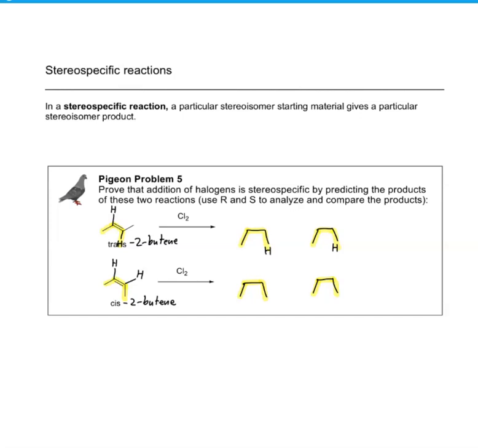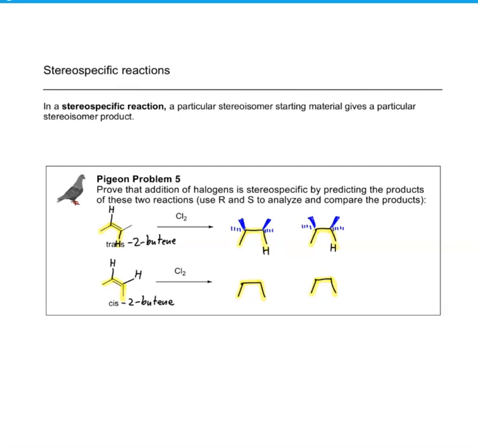And then, I'm going to just do this in a different color, and then you can vary what's going on at each of these carbons by including your wedges and dashes. Okay, so you'd want to predict the products, draw all the possible products, and then compare, assign R and S. That's going to make it easier to compare the two outcomes to one another.